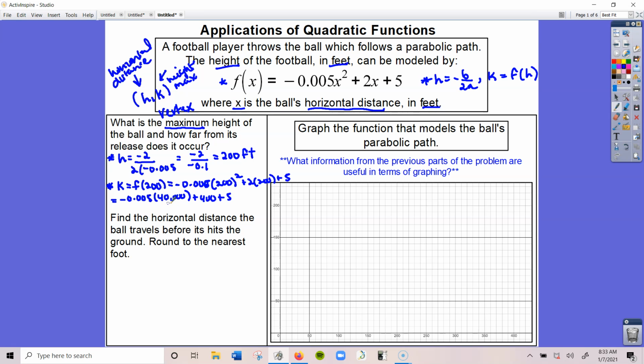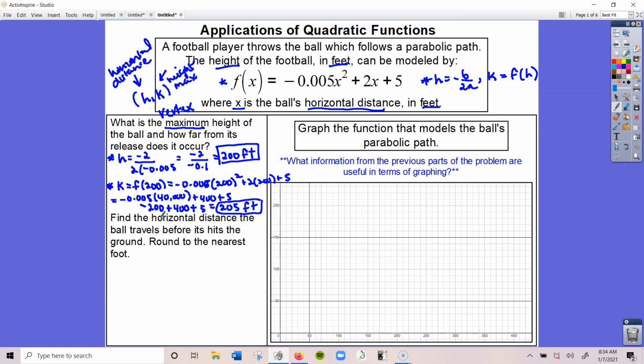Negative 0.005 times 40,000 is equal to negative 200, sorry. And negative 200 plus 400 plus 5 is equal to 205. So this is my maximum height, which is 205 feet, and it occurs when the ball has traveled 200 feet.